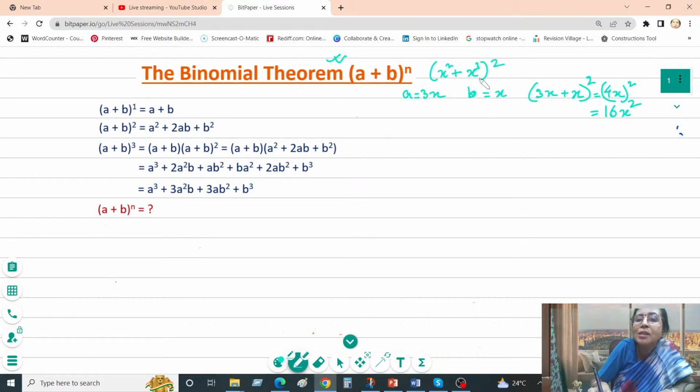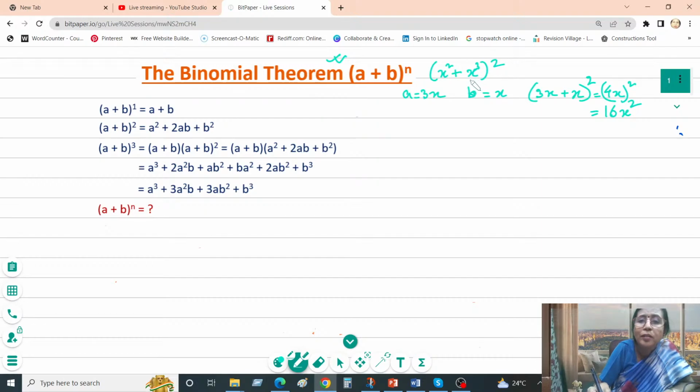But because these two are not like terms, we cannot add them to get a single term. We have to keep them as two terms. So the final expression will not be having a single term, it will be having multiple terms.